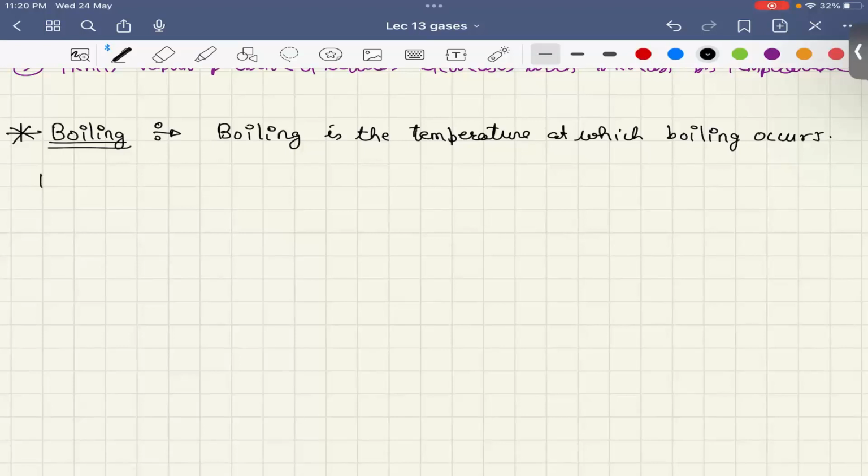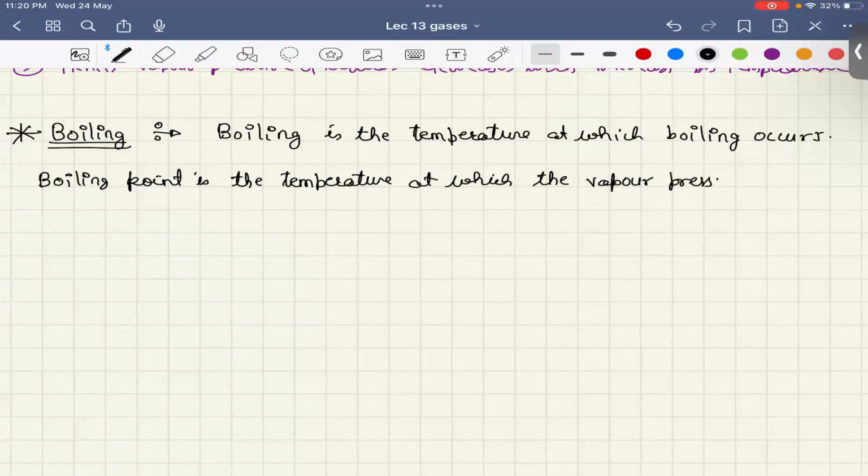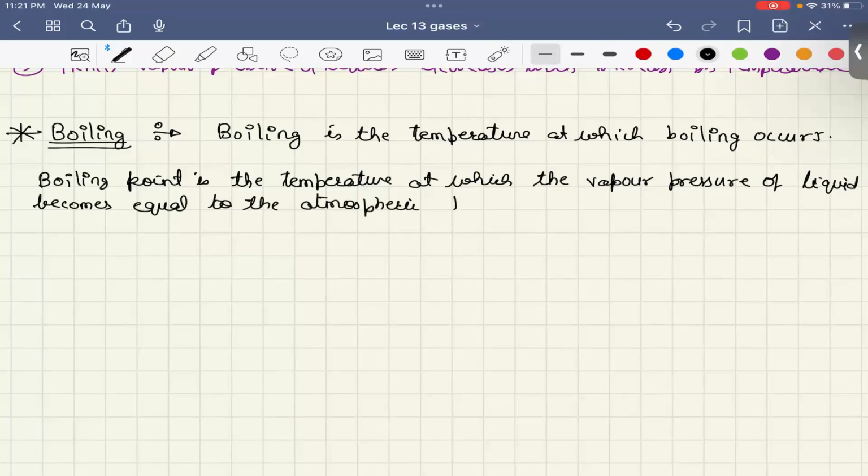That means boiling point is the temperature at which the vapor pressure of a liquid becomes equal to the atmospheric pressure. The boiling point therefore depends on the atmospheric pressure.